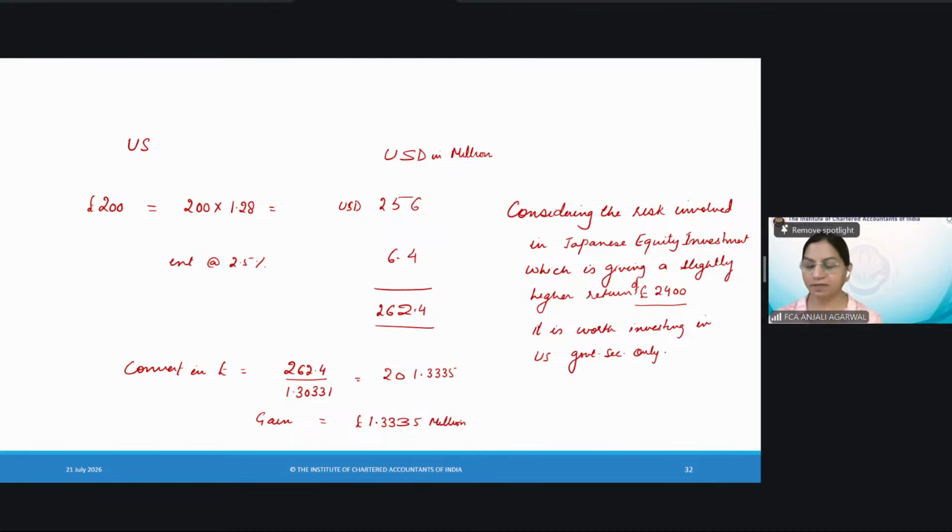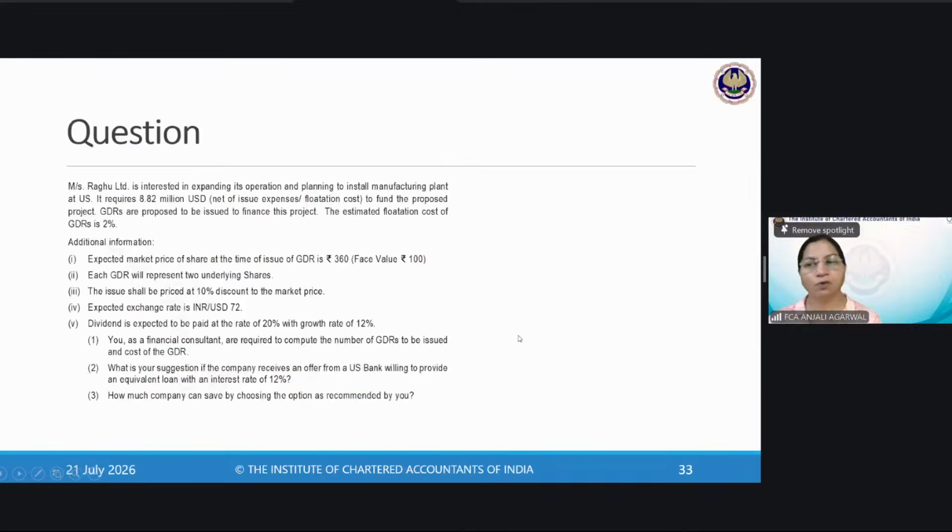So investment in US government securities would be a better investment as compared to the Japanese yen. Equities are always a little more expensive as compared to the government securities. They will always be. So the reward we are getting with taking the enormous risk is not justified.